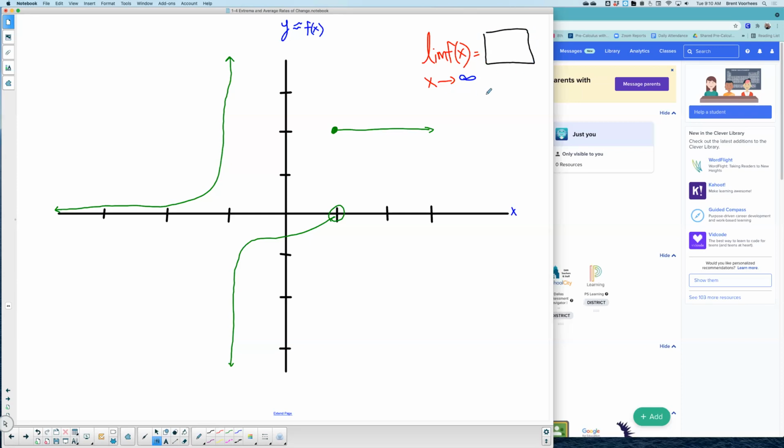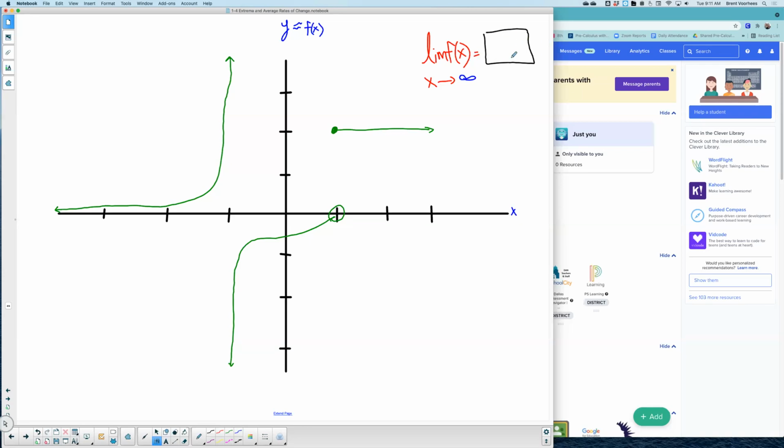One more little reminder before I do my countdown is this is either going to be a numerical value, like 1, 2, 3, 0, or it's going to be an infinity or a negative infinity. Each graph is either going to go up to positive infinity, down to negative infinity, or it'll get flat with a constant y value, or it'll stop at a point with a constant y value.